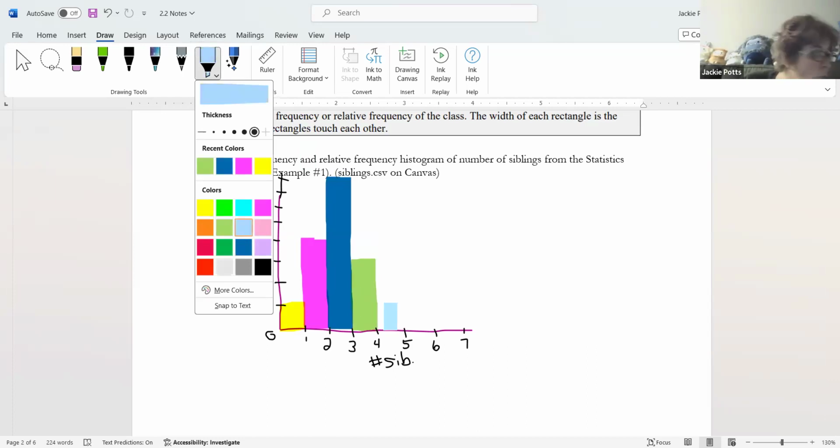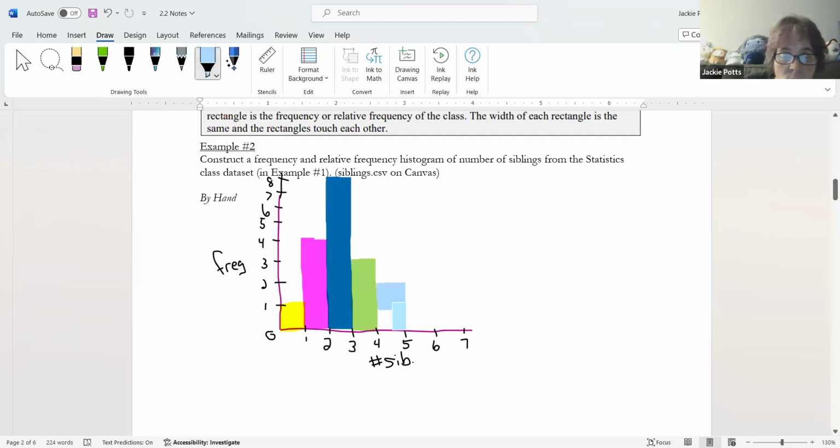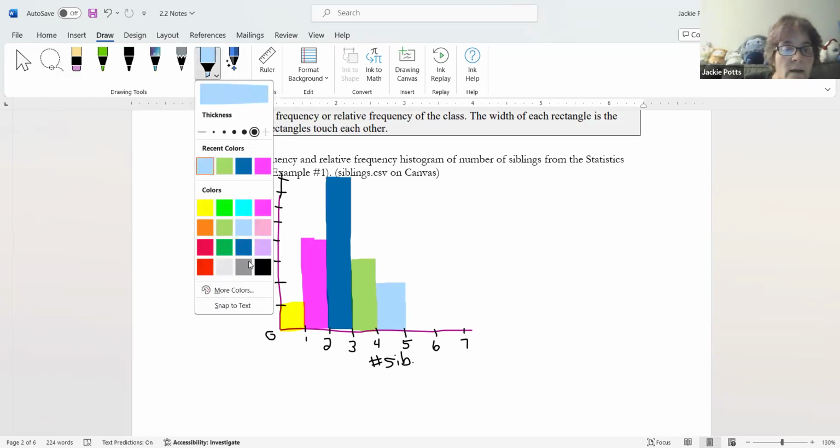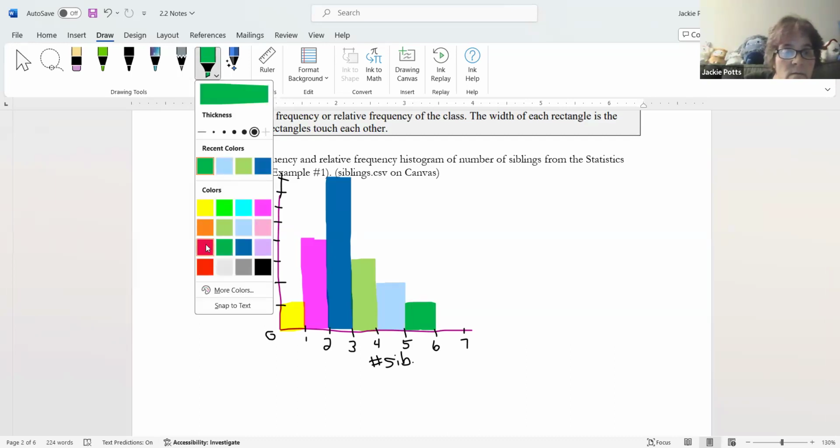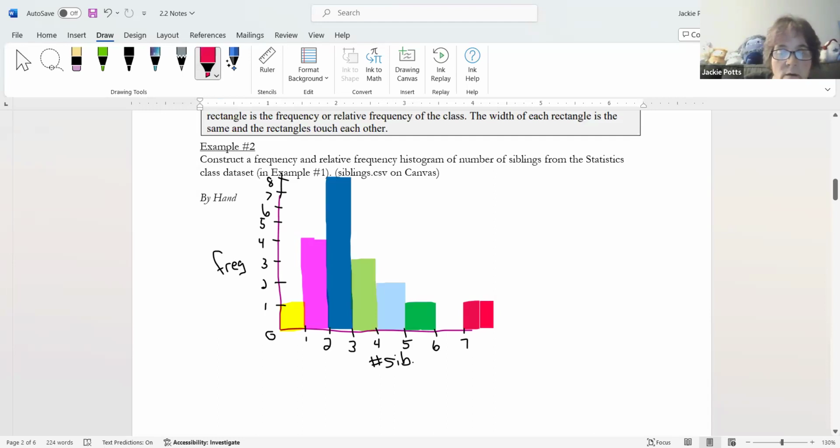At 4, we have 2. At 5, we have 1. And at 7, we have 1.